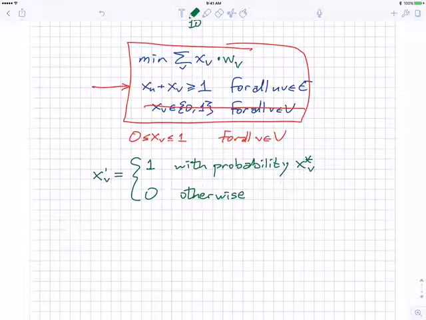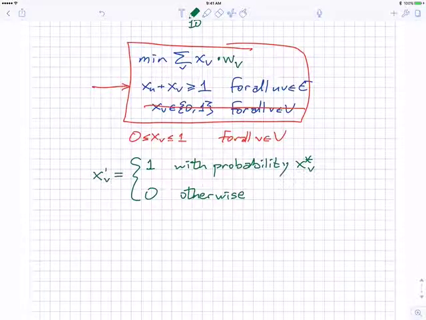The intuition here is a little bit weird, but not totally unnatural. If I solve this linear relaxation of the underlying integer program, the values that I get for the variables are, in some sense, how much this vertex wants to be in the minimum vertex cover.